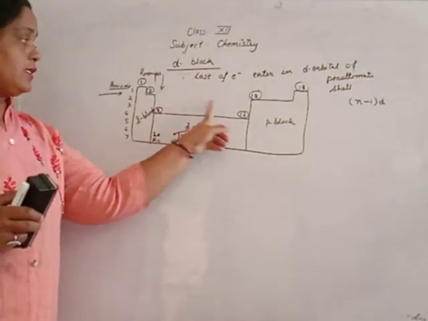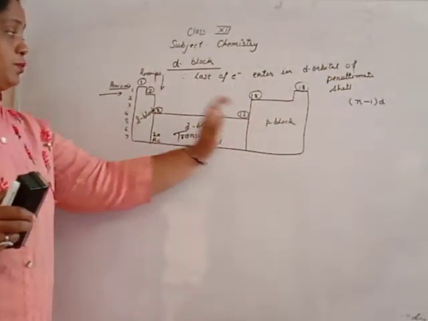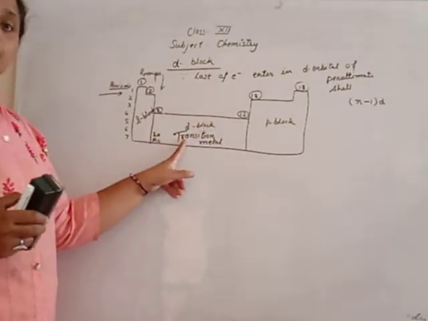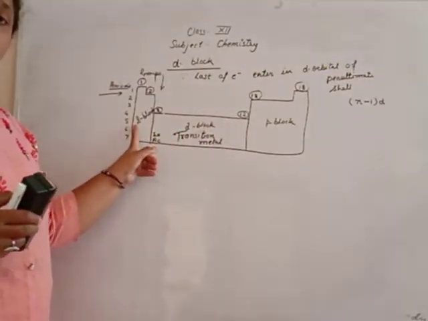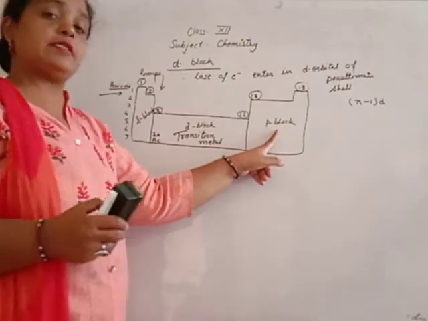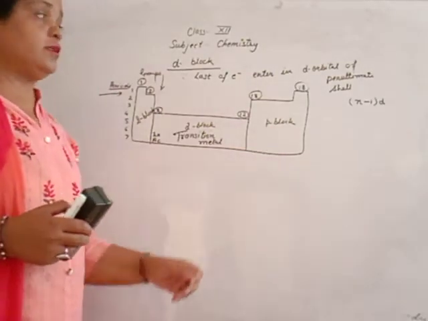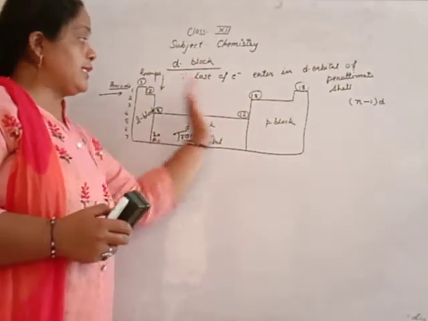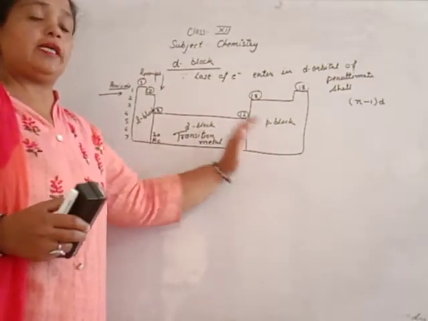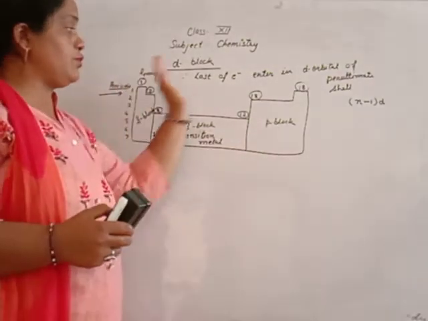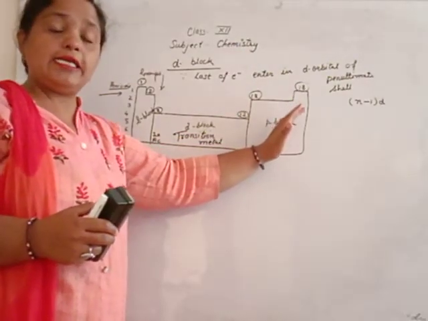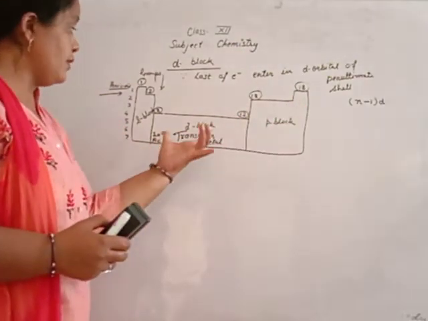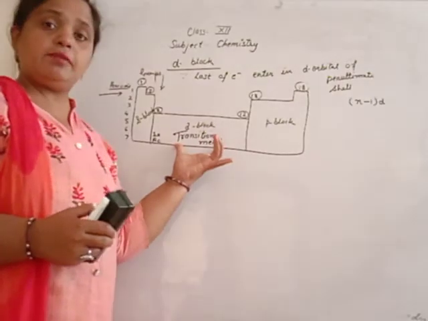That means they show the character of both. They are less electropositive as compared to s block elements, but more electropositive as compared to p block elements. So transition means which transits from one form to another, that means from most electropositive to least electropositive. These are known as transition metals.